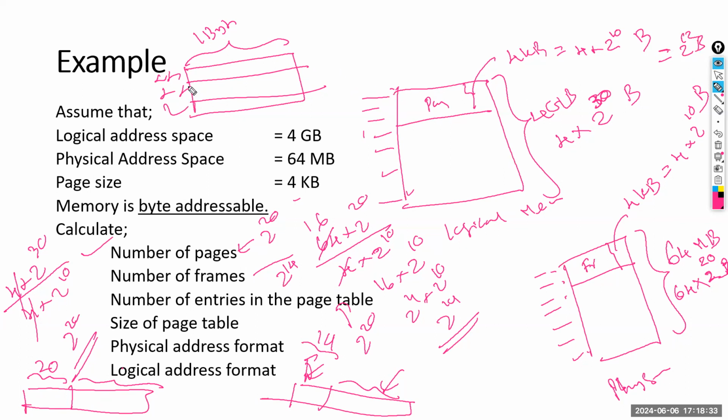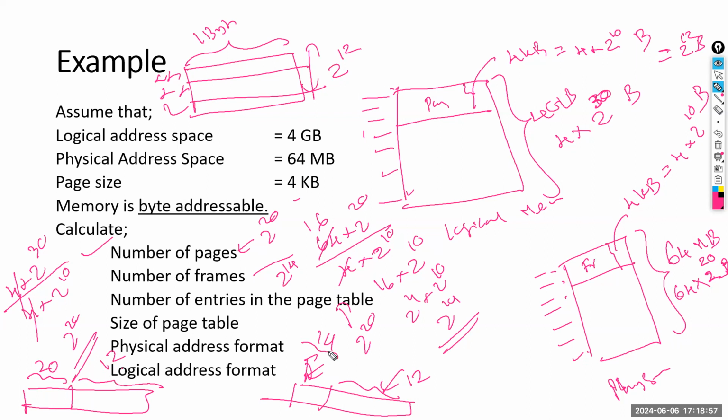If you take a page, it can have 2 to the power 12 entries. To uniquely identify the offset, you need 12 bits. So this is 12 bits, and this is also 12 bits, because the offset is going to be the same. Therefore, your logical address format is 20 bits and 12 bits, altogether 32 bits.